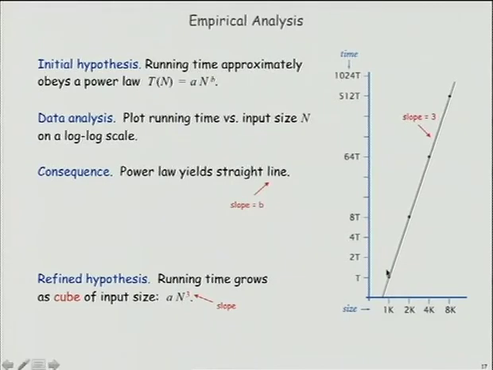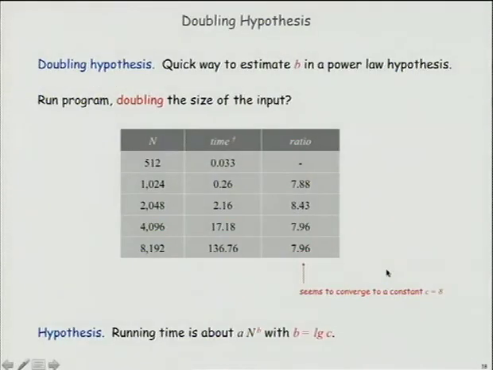You can just plot this thing, but there's actually something else we can do, and that's the so-called doubling hypothesis. What we do is run this for a size n, and then we double that size, so we run it for size 2n.